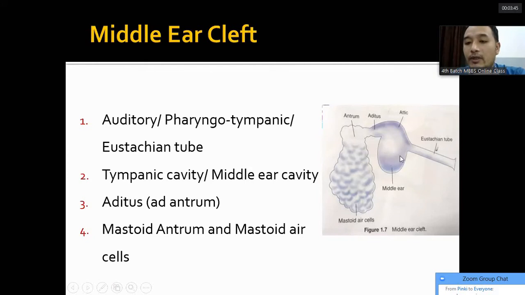Then there is the aditus, which connects the tympanic cavity towards the antrum. Another is the mastoid antrum, and all the mastoid air cells are interconnected with the mastoid antrum. These four things constitute the middle ear cleft.